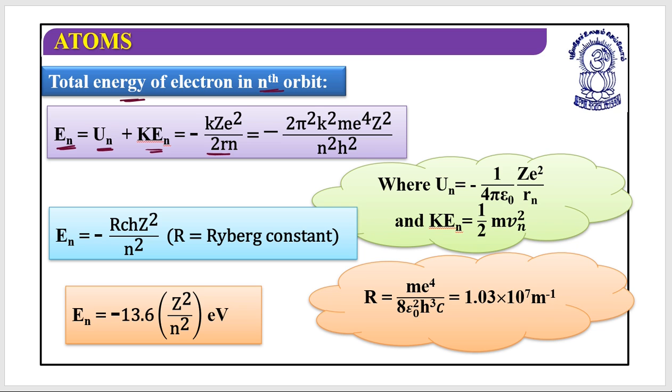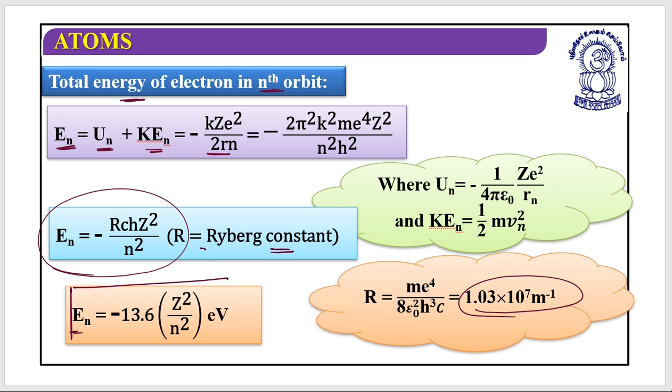If I replace the values, the total energy is R into Ch into z square divided by n square, where R is the Rydberg constant, with value 1.03 into 10 to the power 7 meter inverse. So the total energy would be minus 13.6 into z square divided by n square in electron volts. I hope this is clear. Is it clear up till now?